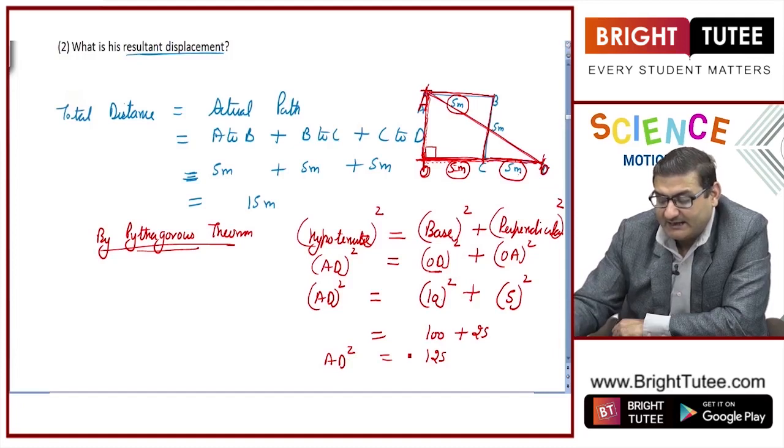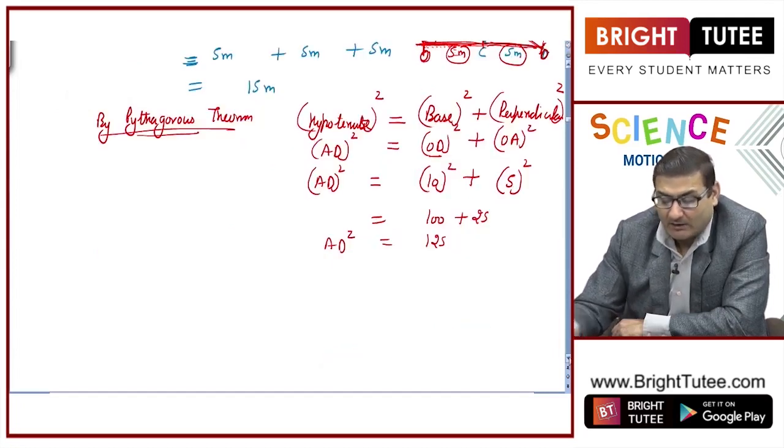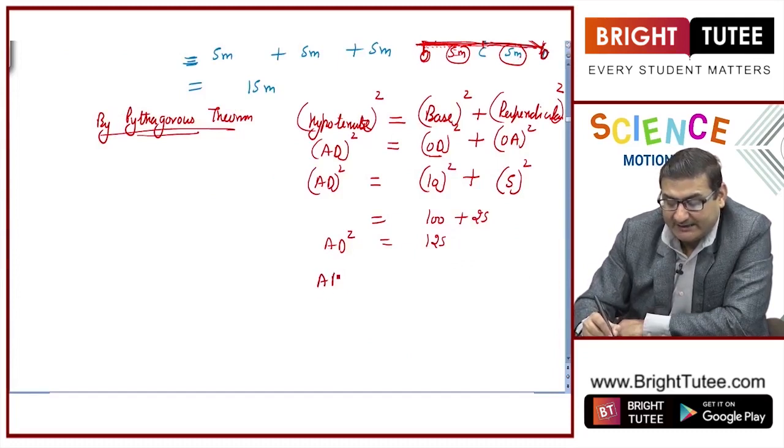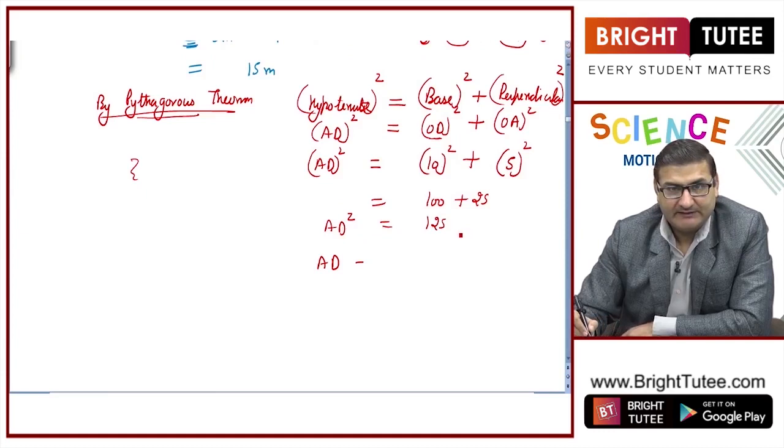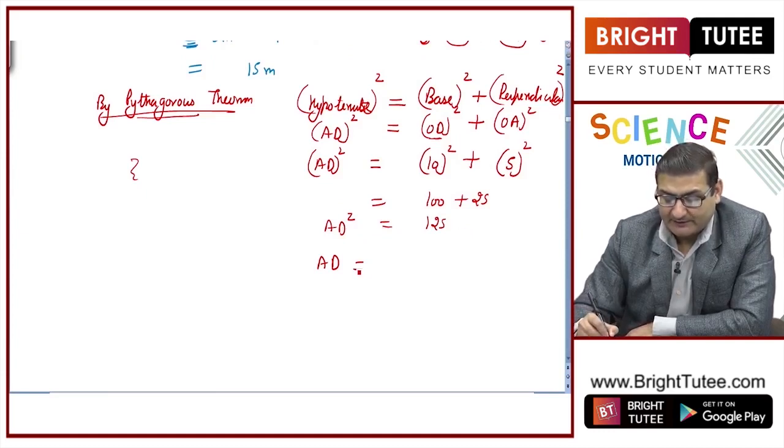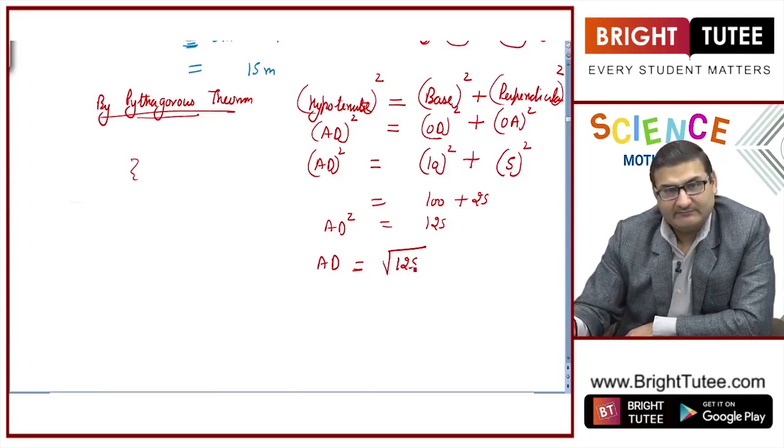This is AD square. Now if I need to calculate AD, I have seen that AD square is equal to 125, and if we need to find out AD, we will take the square root of 125.